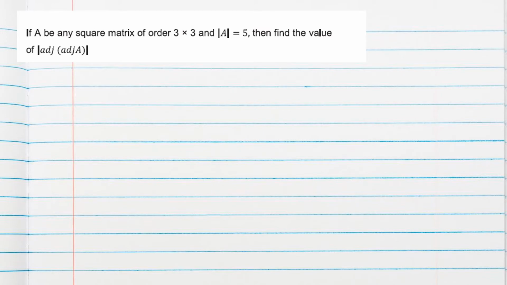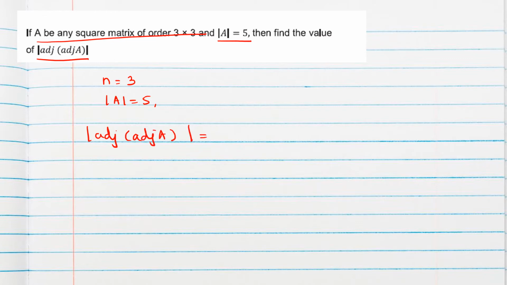In this question, A, B, any square matrix of order 3. So here n will be 3. Order of matrix is 3. Determinant A value is given as 5. So we should find determinant adjoint A. So by using the adjoint property, this determinant is equal to determinant A power n minus 1 square.